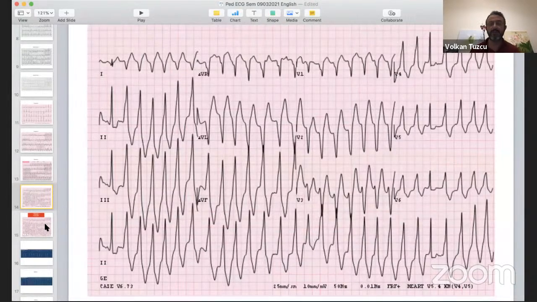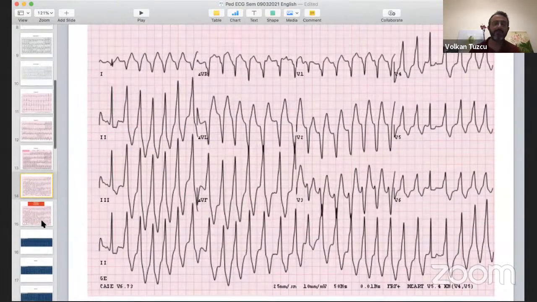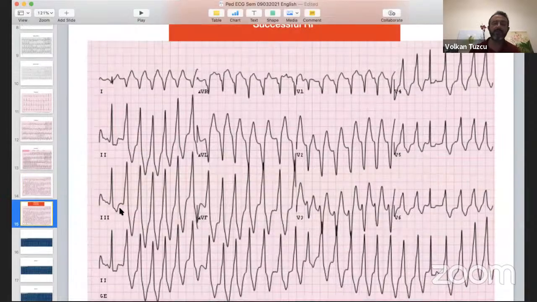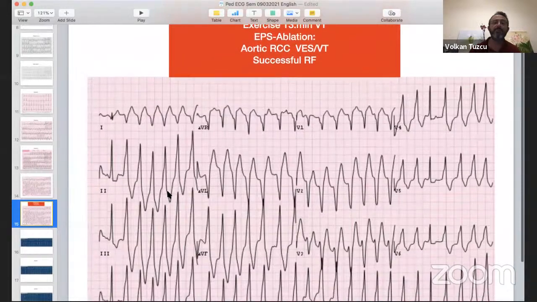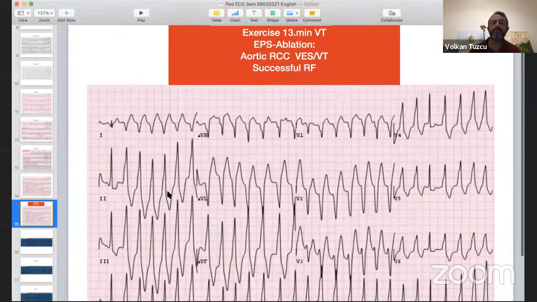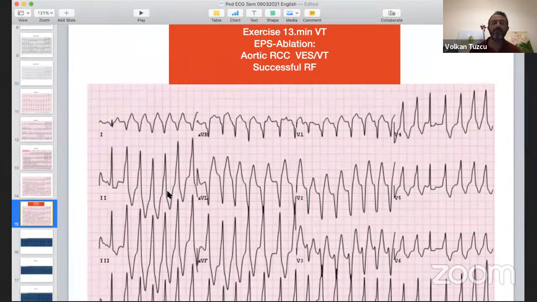So therefore, with an irregular, wide QRS tachycardia, uniform like this, you should suspect that. But of course, VT is also a possibility, right? You cannot say 100%, but such an irregular VT would be unusual. But this turned out to be VT. So your thinking was right.